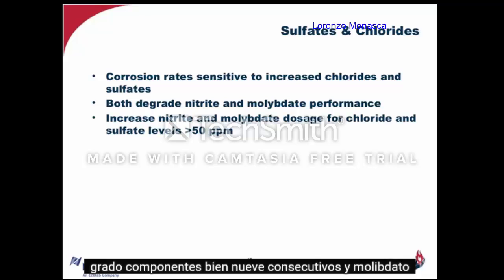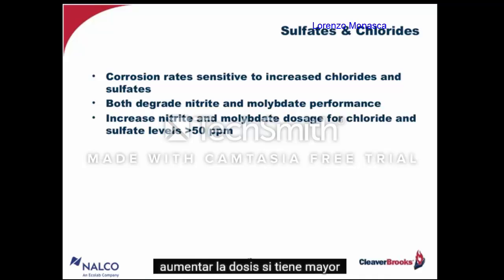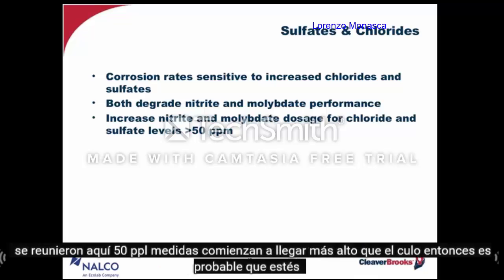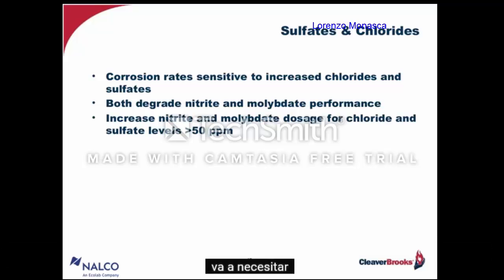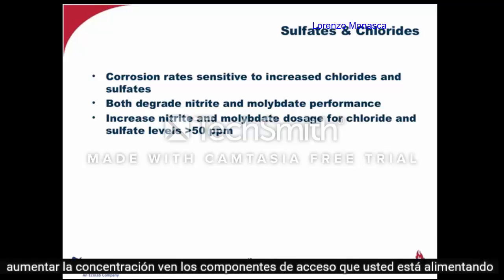Both degrade nitrite and molybdate performance, and so you end up having to increase your dosage if you have higher chlorides and sulfates. I've got a suggested limit here of 50 ppm. As you start to get higher than that, then you're probably going to need to increase the concentration of the active components that you're feeding.